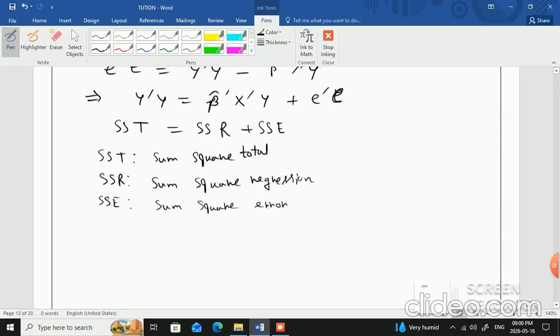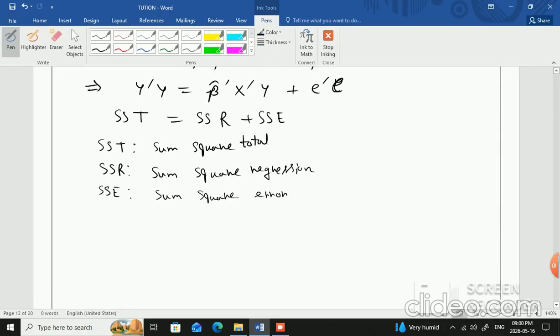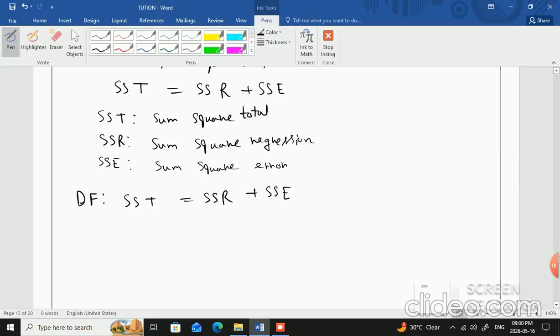Now we also write the degrees of freedom. Degrees of freedom is the number of values minus the restrictions on them. Here n observations are used, so the degrees of freedom of SS total, sum square total, is n minus 1, where 1 is the restriction.